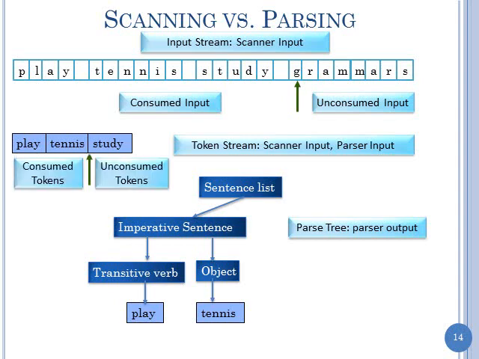So there is similarly the notion of consumed tokens and unconsumed tokens. Unconsumed tokens correspond to consumed input. There are two sets of pointers here. And that's something you'll have to keep track of, because I'll talk about consumed tokens and unconsumed tokens when I talk about the parser. Questions?